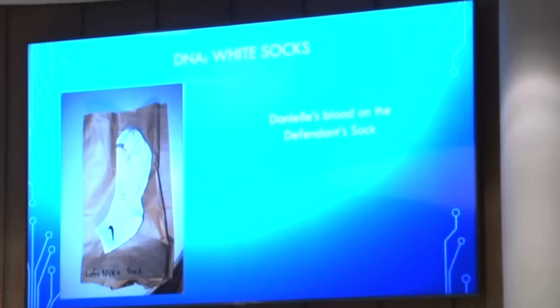And that blood had seeped through to those white socks. But Officer Carlisle found them. They went to the TBI to be tested, and once again, Danielle's blood on those socks that were on the defendant's feet.